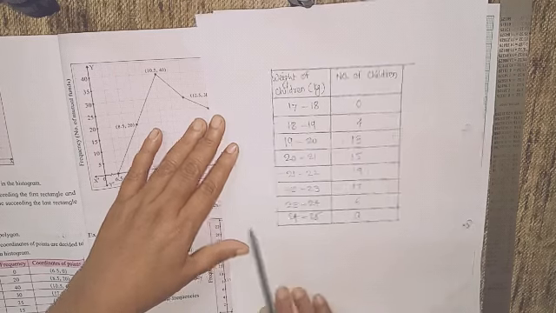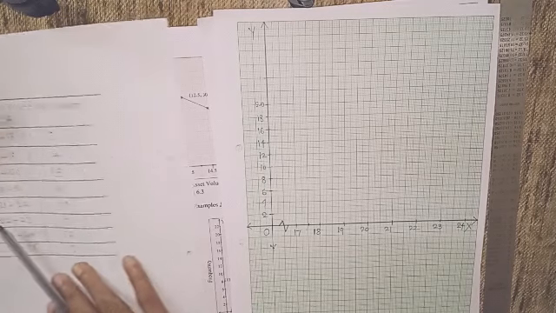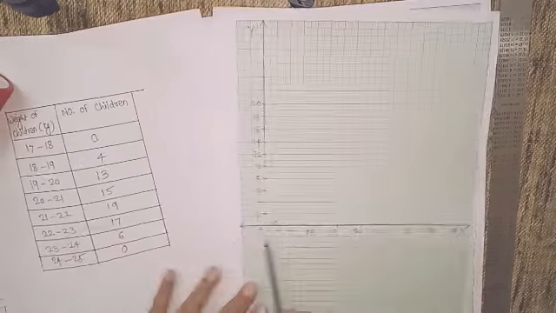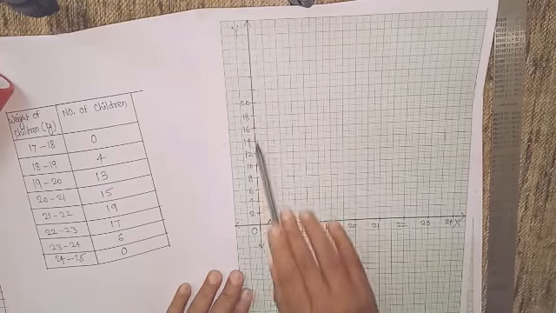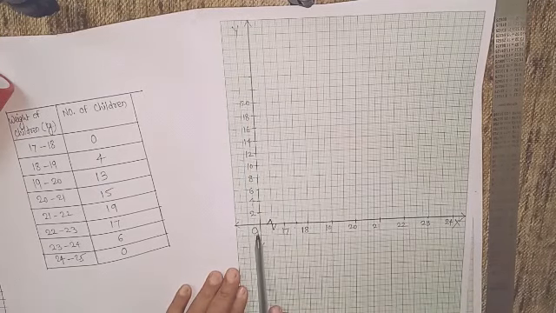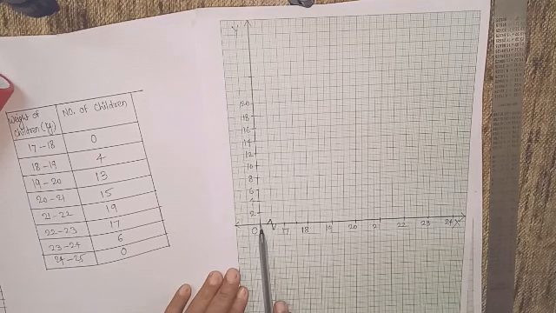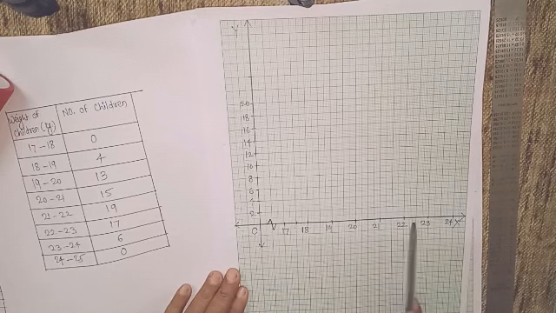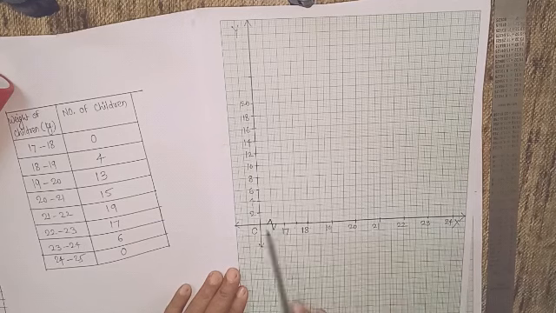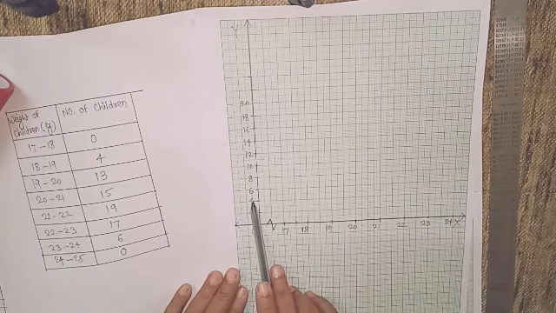Now we will go on to draw the frequency polygon using a histogram. Draw the x-axis and y-axis; their intersection is 0. Classes are not given from 0, so use a crank mark here, and I use a 2 centimeter distance to represent each class. On the y-axis we have to take frequency, that is, the number of children.